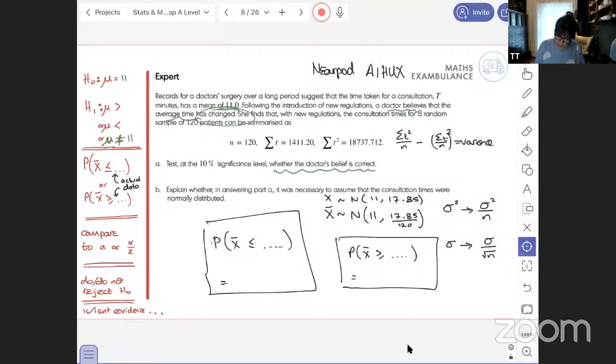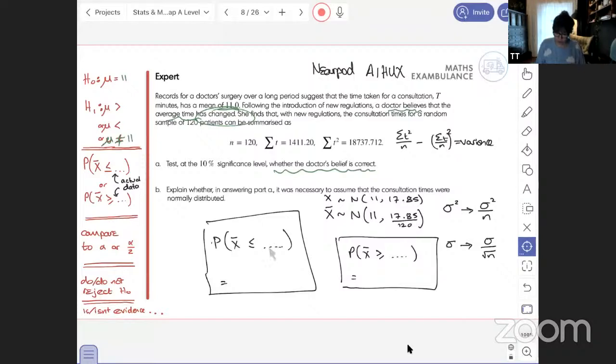When you write this down, that's the mean and that's the variance, not the standard deviation. This is what you put in the calculator: you put in standard deviation, not variance, but what goes there is the variance.